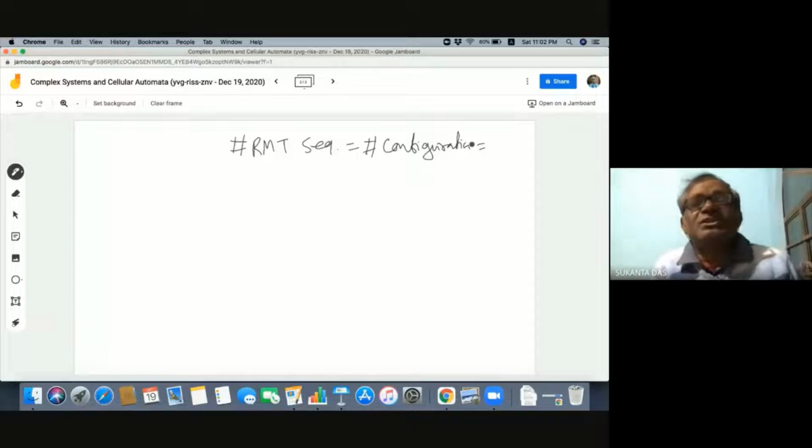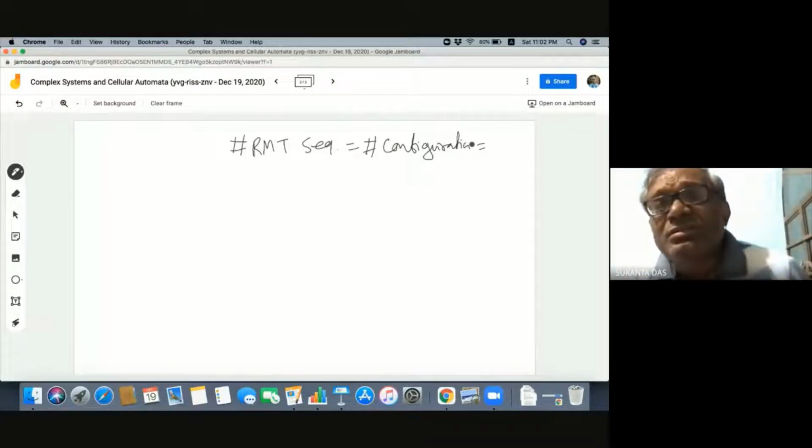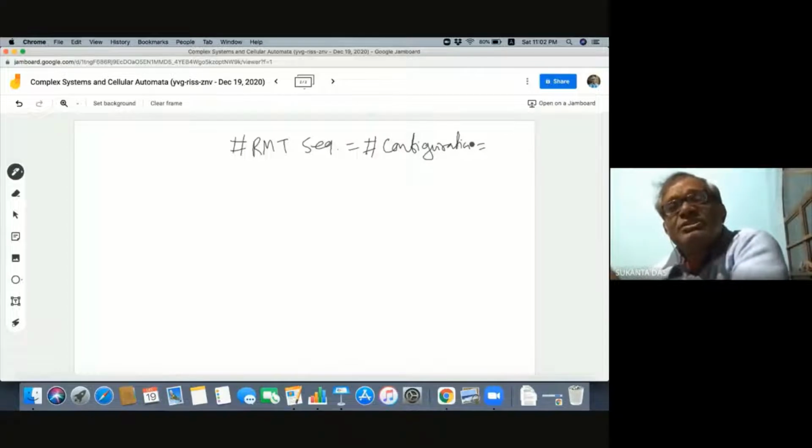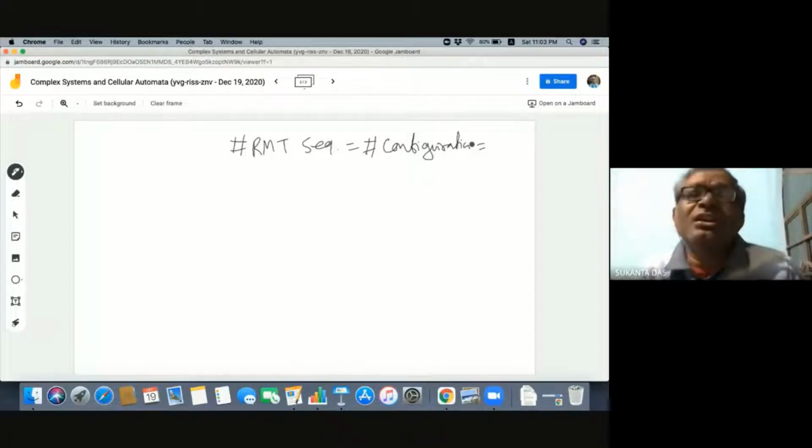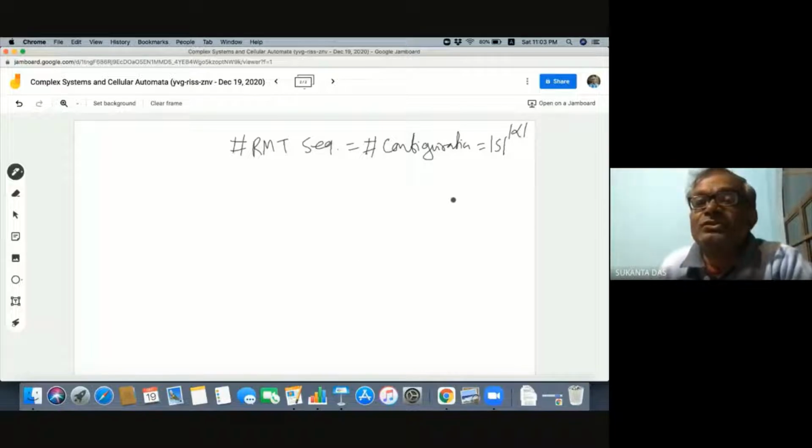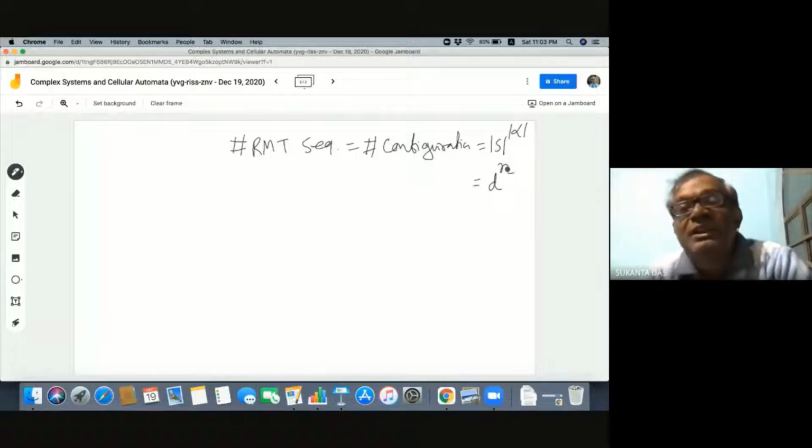Because an RMT sequence is nothing but a different way of looking at a configuration. If you have k configurations, you'll get k RMT sequences. Very simple. So the total number of RMT sequences possible is d to the power n, if you have d states and n cells.